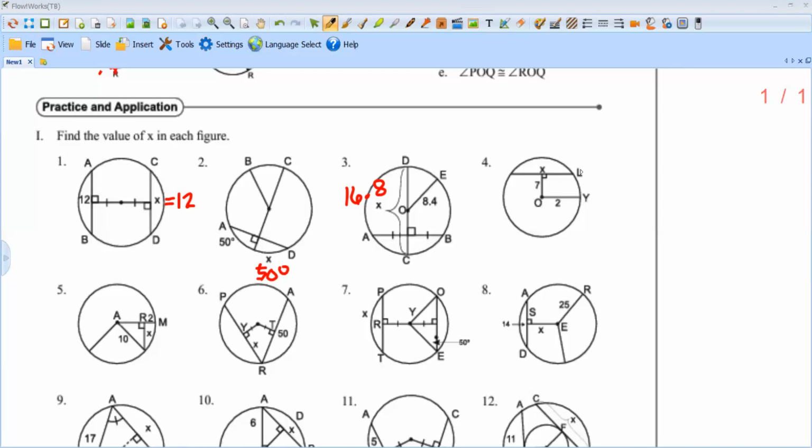DJ, are you there? So we need to find this side first, right? So this is 2, this is also 2 because those are radii. So we will be using the Pythagorean theorem. We will find this side first, then we will multiply it by 2.